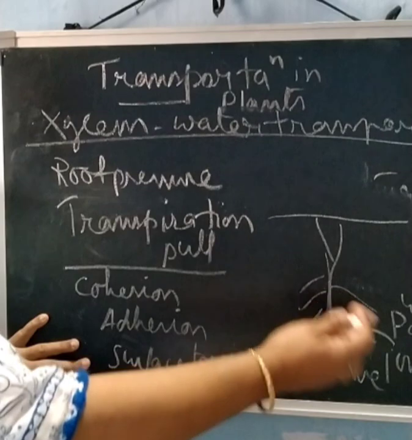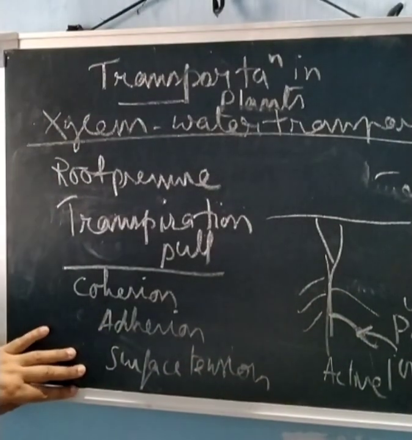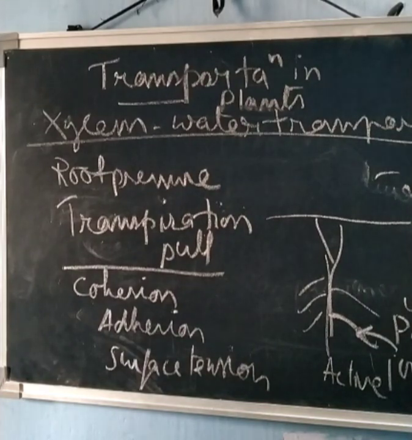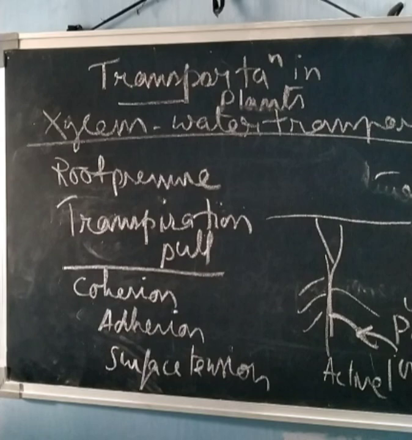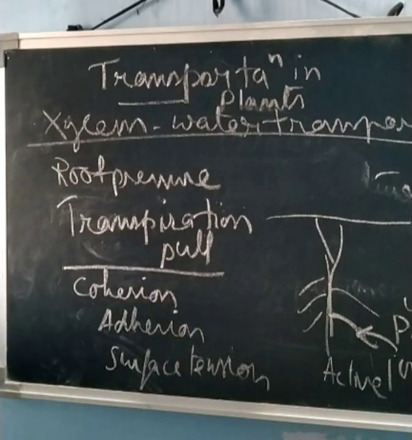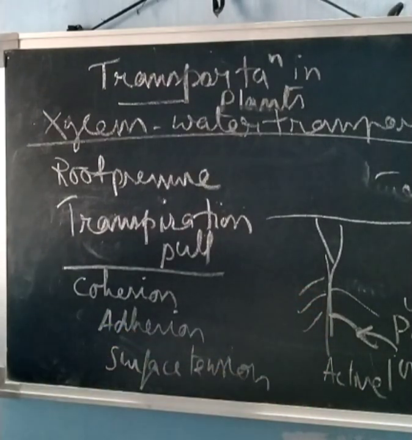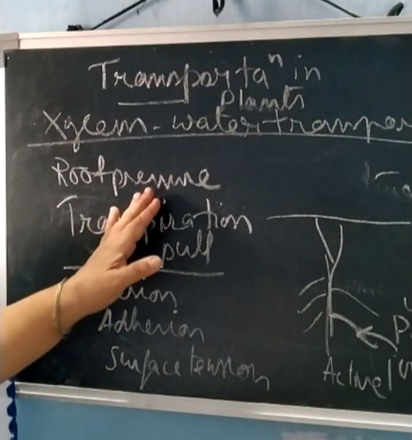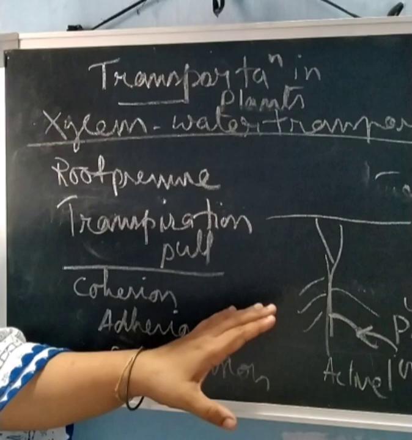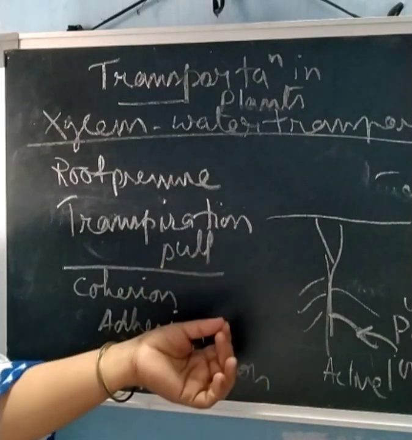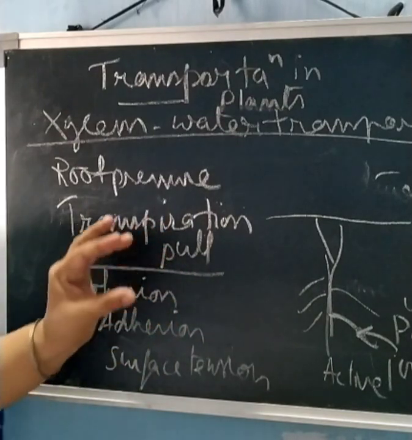And the water flowing inside the cells creates a pressure against the boundary of the cell, and that is the root pressure. This root pressure actually helps the water to get inside the root cells. This is quite good for plants that are a few centimeters in height, very small plants.